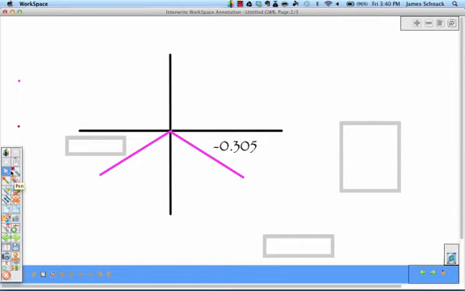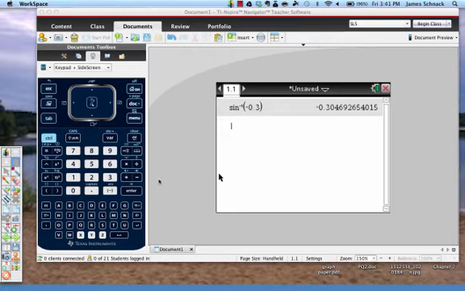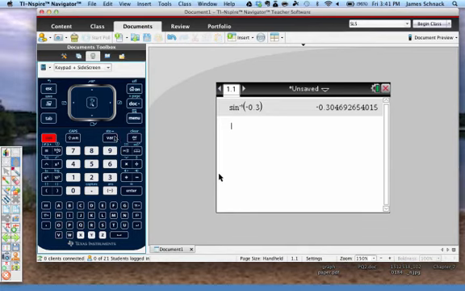So what do I do? Well, I'm going to go back to my calculator. I just need to spin around the circle one more time to get back here. That'll get me positive, and it'll get me an angle that's coterminal with this. So I'm going to take that answer and store it. Control and then the variable button, that's store, and I'm going to just store it as A. So anytime I type A, I'm going to use this value.